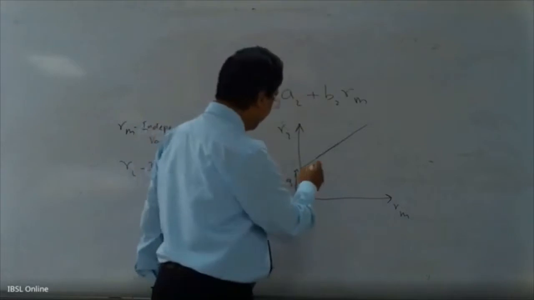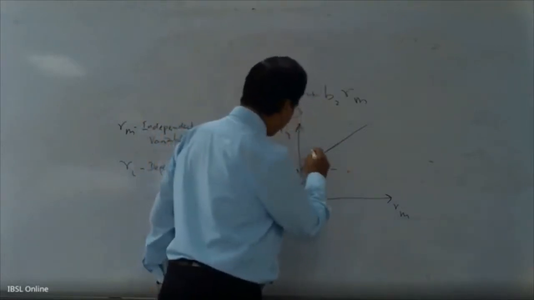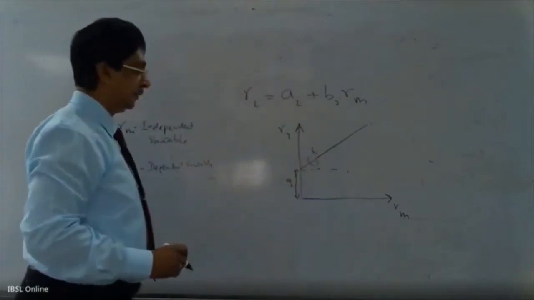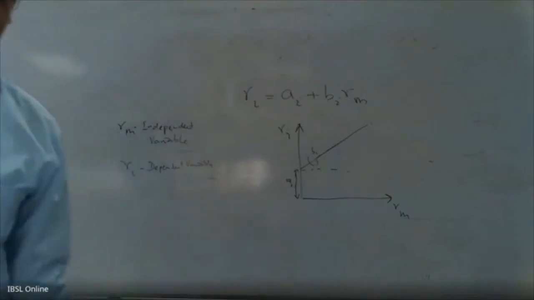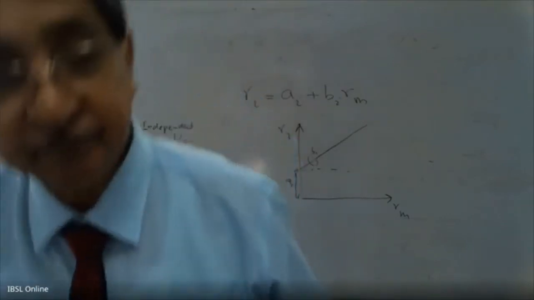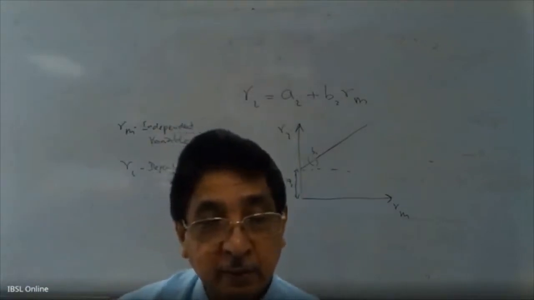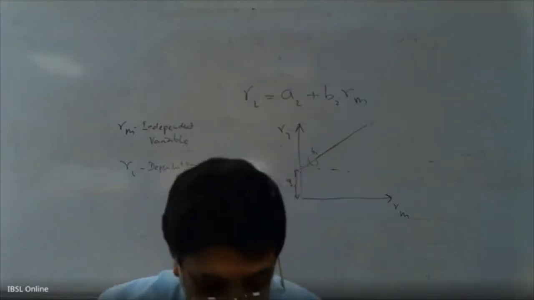Bi is the tangent, this is what you call Bi. Anyway, this is a type of representation only, so you can get an idea from this, and I will go to the next line.